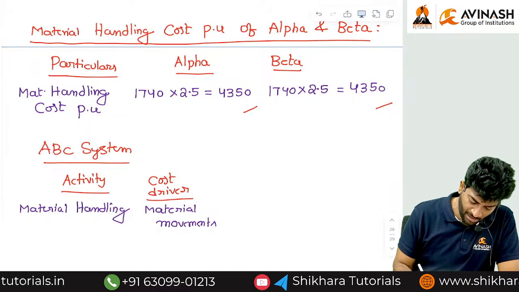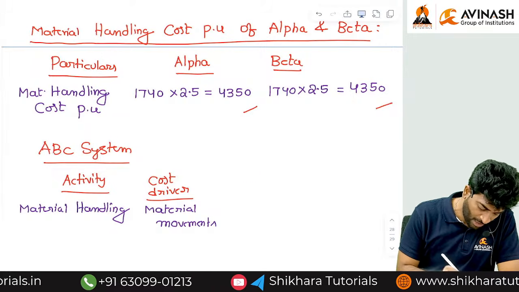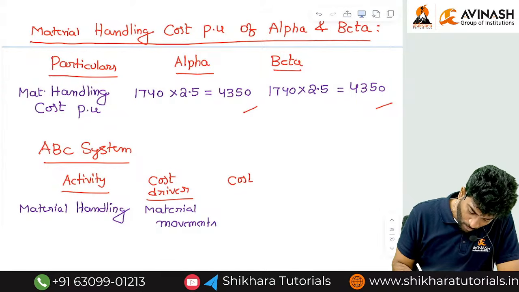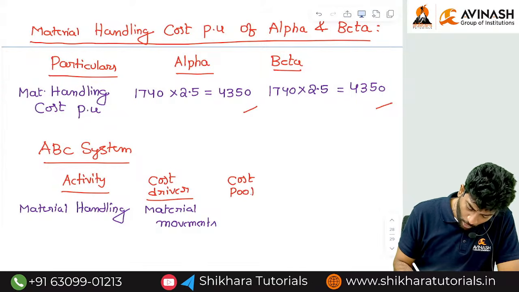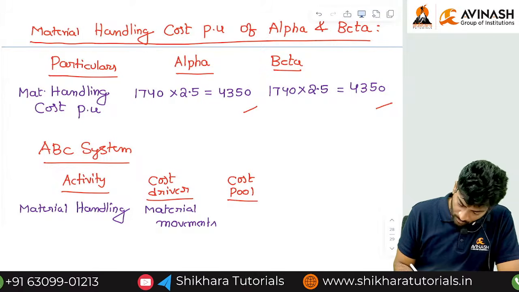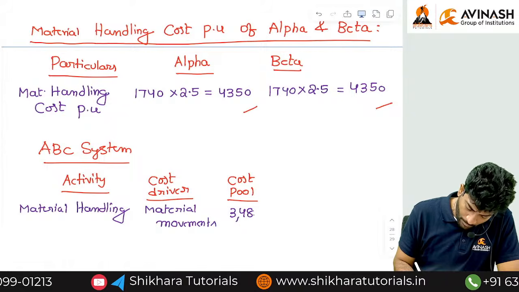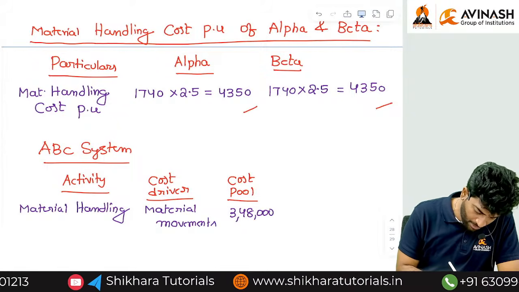Now, let us calculate the ABC rate. Do you want me to write the cost driver quantity in detail? I am going to write the cost driver quantity. Here, what is the cost pool amount? 48,000.